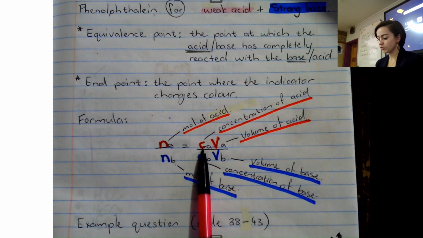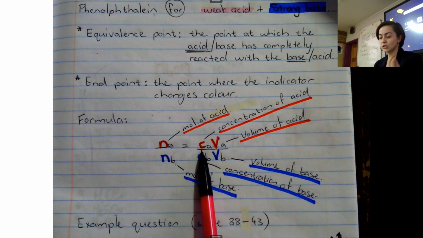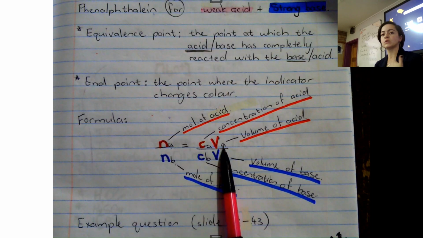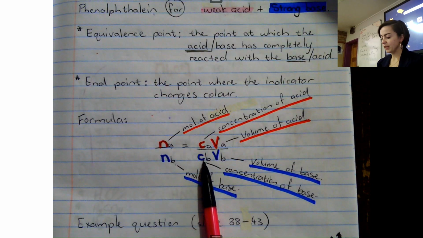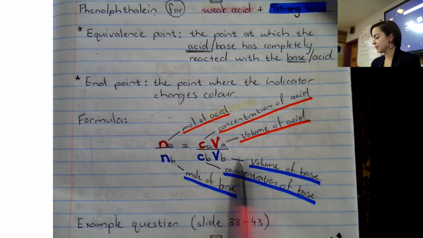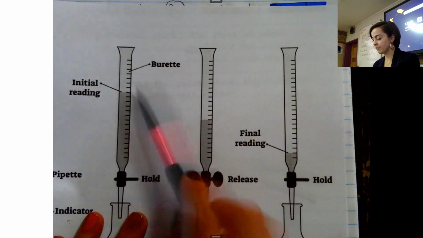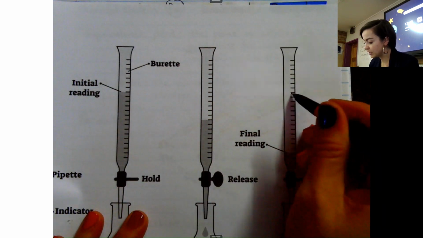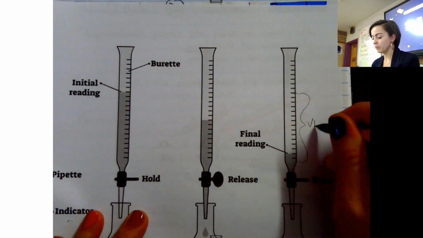Then the concentration, like in our experiment, the concentration of the acid was known and the volume of the acid was also known. So that was our standard solution. We wanted to calculate the concentration of the base. And we got the volume of the base by taking my initial reading and my final reading. So this was my initial reading, and the difference was my volume of the base.